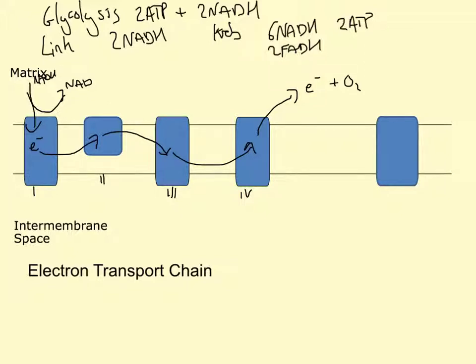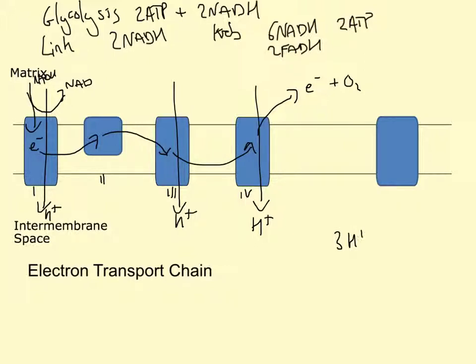What actually happens at each of these stages is a hydrogen ion will be drawn into the intermembrane space at carriers 1, 3, and 4, which means we've got 3 H+ floating around in the intermembrane space that weren't there before.